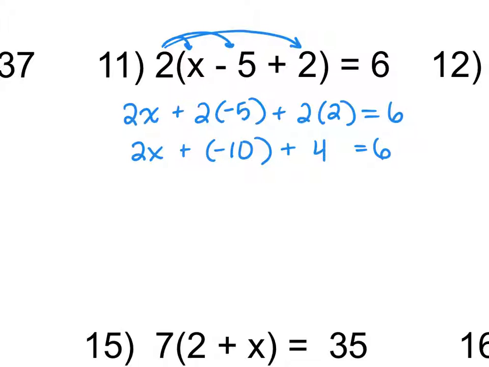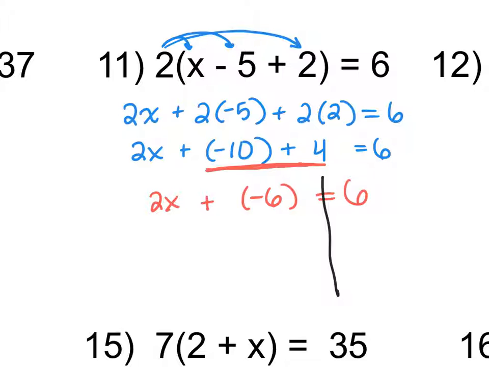Always before I begin to solve, I want to make sure I combine my like terms. In this case, it's -10 and 4. That's -10 plus +4. I have more negatives than I have positives. How many more negatives? 6 more. So it's going to be 2x plus -6 equals 6. I'm at my two-step equation.